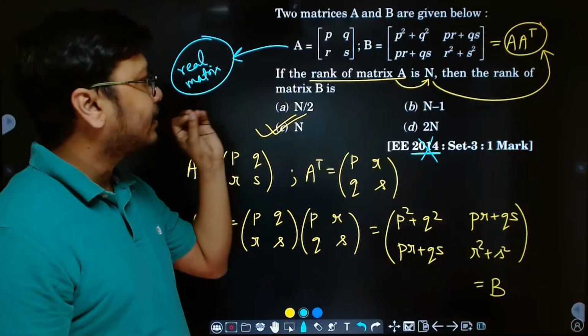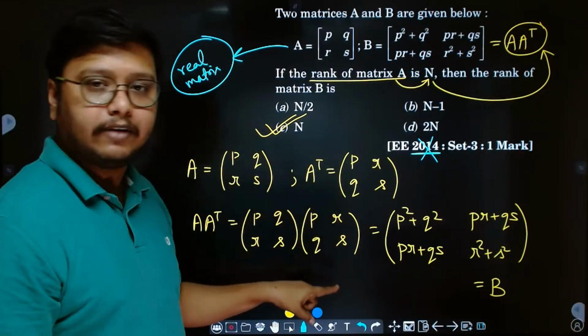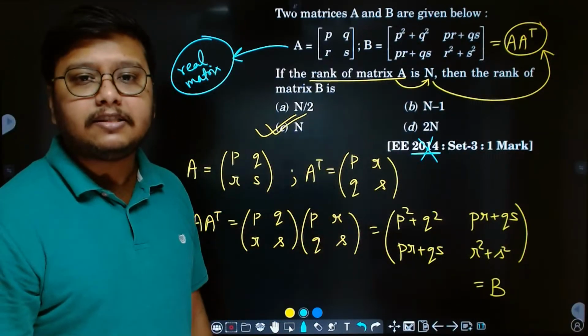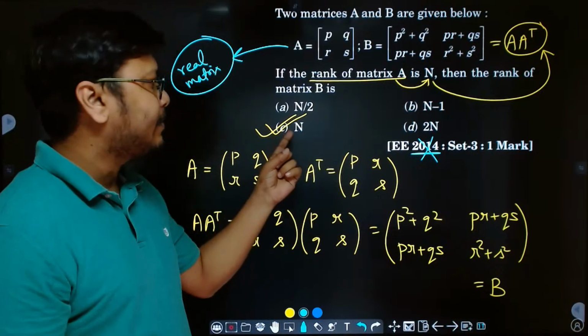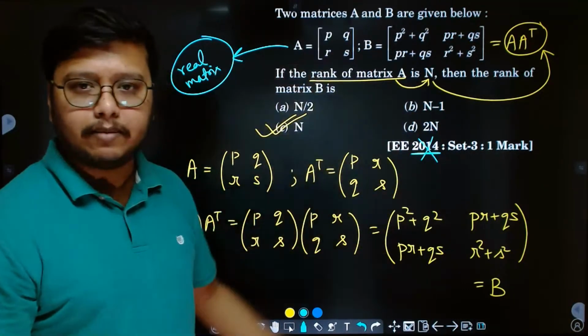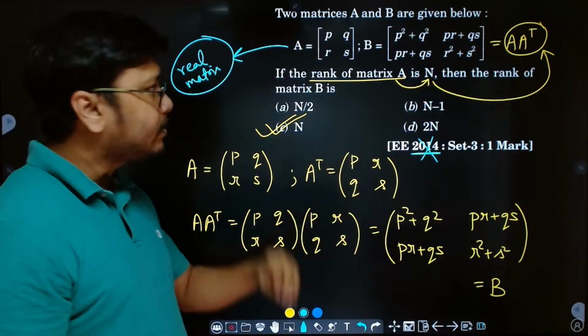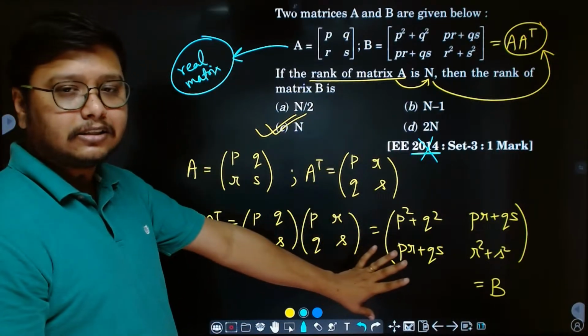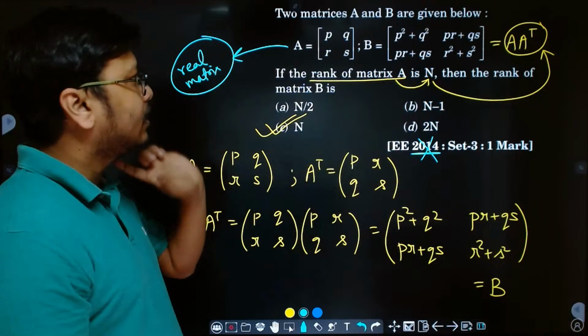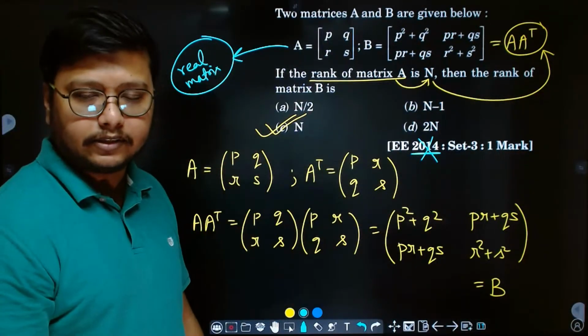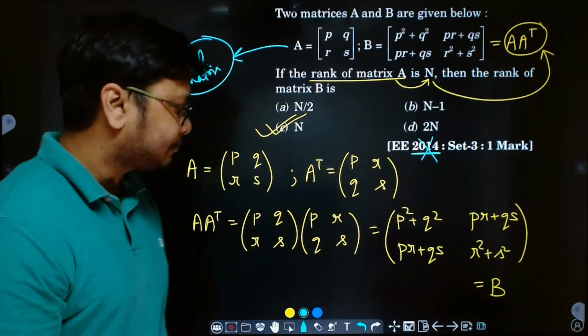What if they are complex numbers? Then this property will not work. Then we cannot definitely say what is the rank. It can be n also, it can be n minus 1 also, anything can be the answer. So this question is created assuming this property is getting satisfied. That means they are assuming A is a real matrix, but it is not mentioned anywhere in the question. So this is the fault with this question.